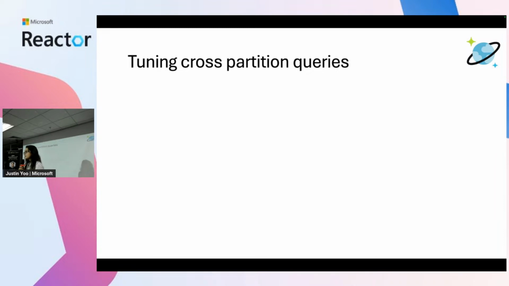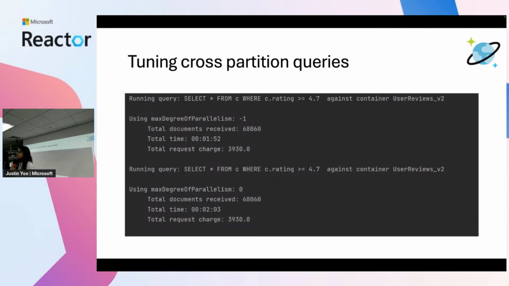Although we are saying that you should always supply the partition key filter in the queries, sometimes we have queries where we need to run cross-partition as well. In those scenarios, you should let the SDK take advantage of the parallelism that your client can offer with the configuration it is running. There is a configuration called max degree of parallelism, which controls the concurrency with which the queries can run.